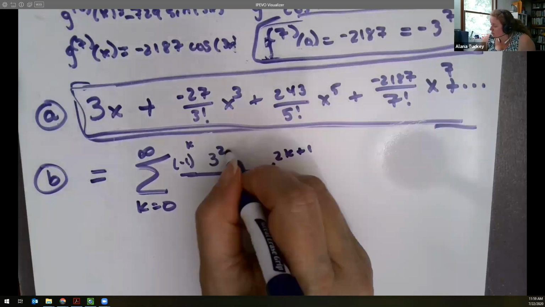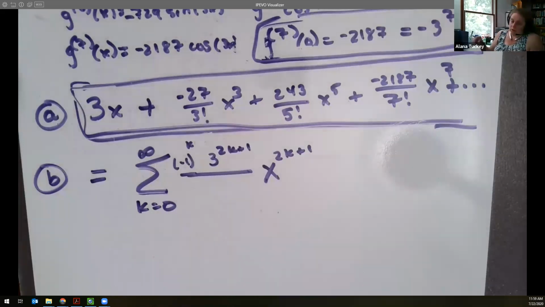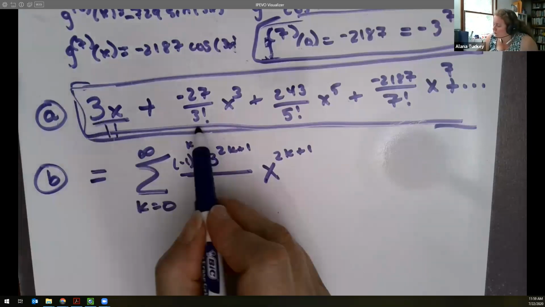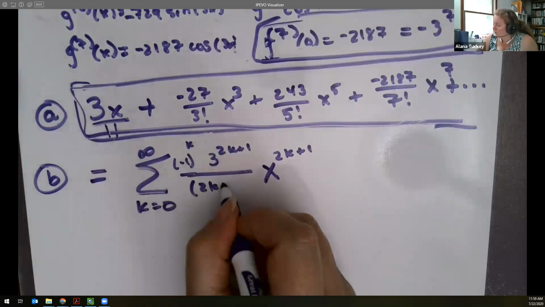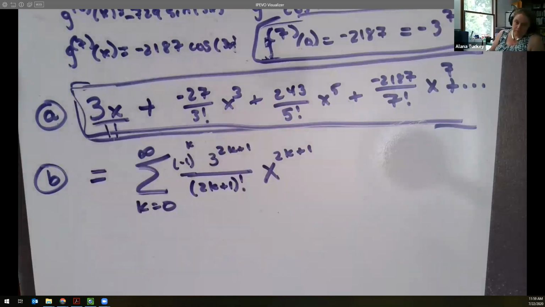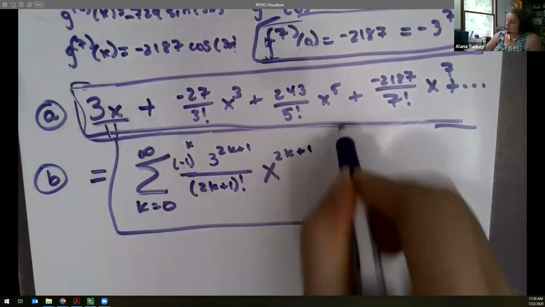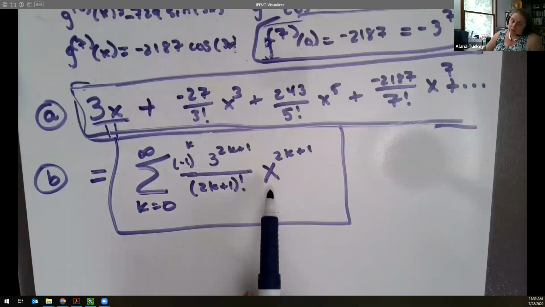It's 2k plus 1, because it's going 1, 3, 5, 7. And then my denominators are 1 factorial, 3 factorial, 5 factorial, 7 factorial. So it's 2k plus 1 factorial. There's your series. Ta-da! Hello, Maclaurin series. You can tell it's a Maclaurin series because it's just x. If it was a Taylor series, it'd be x minus something in parentheses.